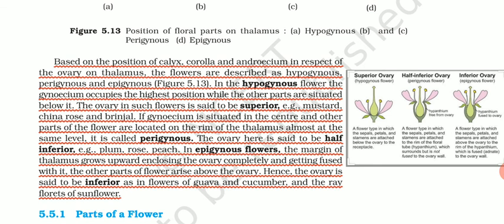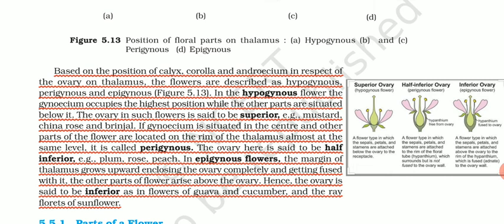In this case, the gynoecium is situated in the center and the other parts are located either at the same level or at the upper level. This kind of flower is known as perigynous and the ovary is known as half inferior. Examples are plum, rose and peach.